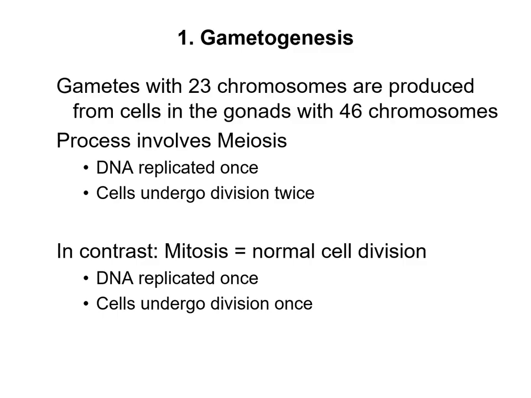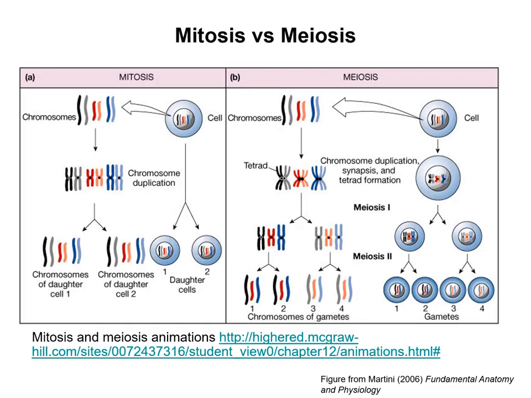In contrast, mitosis, with a T, is the normal cell division that is seen in most somatic cells in our body. To graphically represent this, I want to show you here that meiosis differs in two very fundamental ways from mitosis.